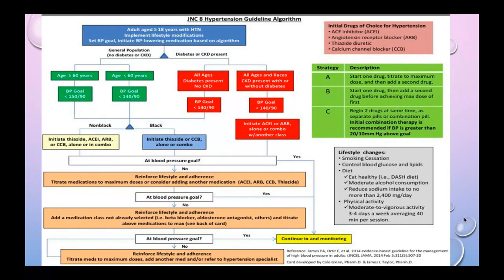And please note that at each point, it's highlighted where we reinforce lifestyle and adherence to medication and continue treatment and monitoring. So your clinical consultation, your review of your patient, is not to bawl out the patient every time you see them because you're frustrated telling them to take their medication, and why are you not eating right and exercising.